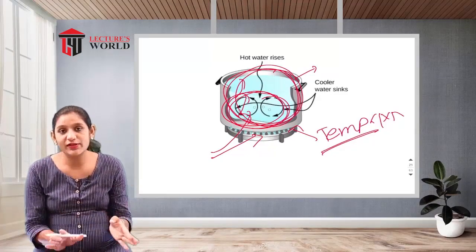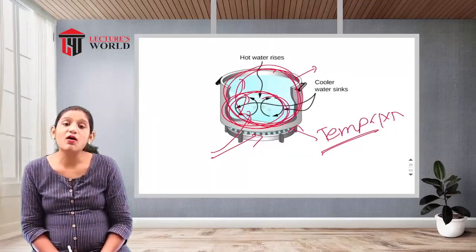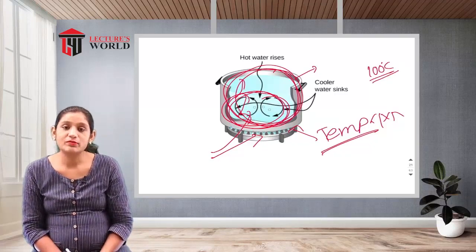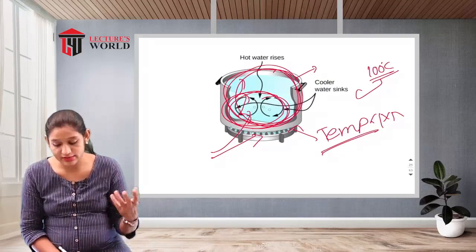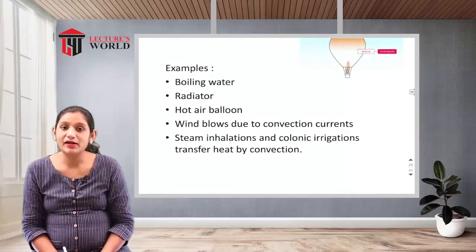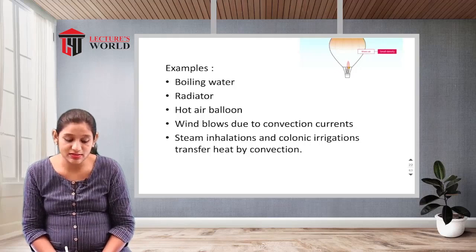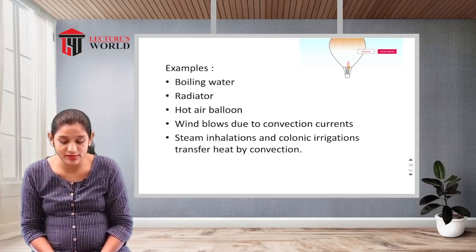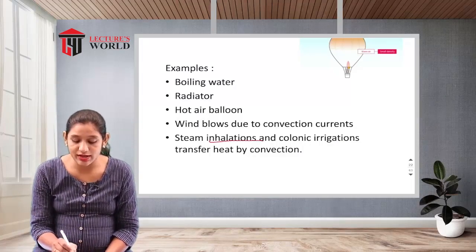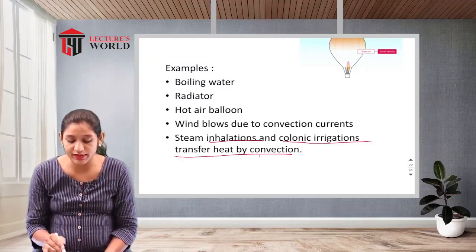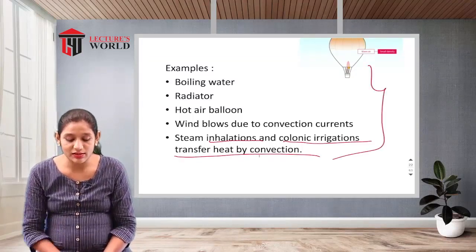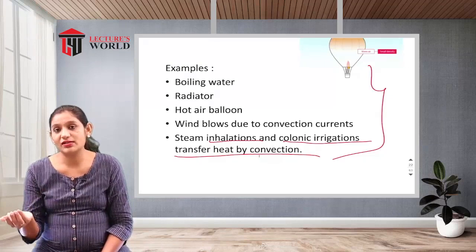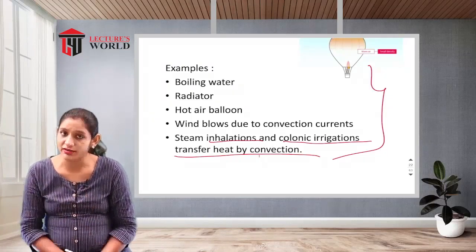If we take water, it boils at 100 degrees centigrade. Examples are boiling water, radiators, hot air balloons, wind blowing due to convection currents, steam inhalation and colonic irrigations, which transfer heat by convection. These are all examples of heat converting energy into another form.